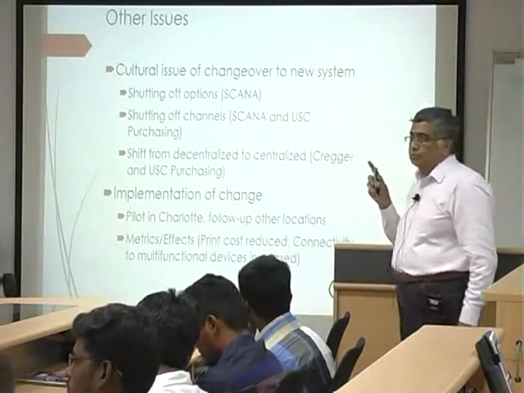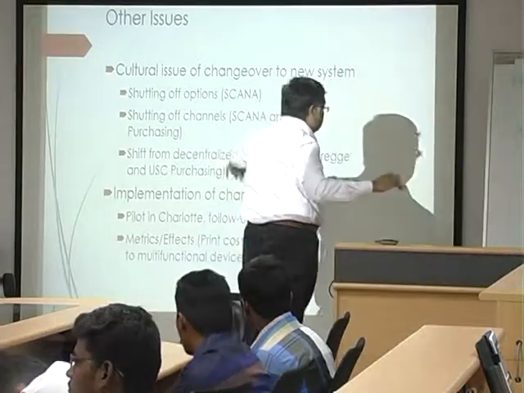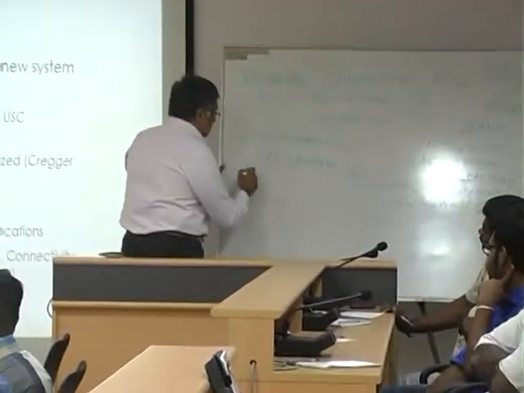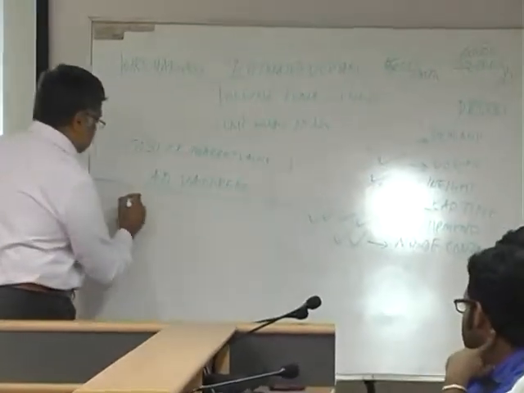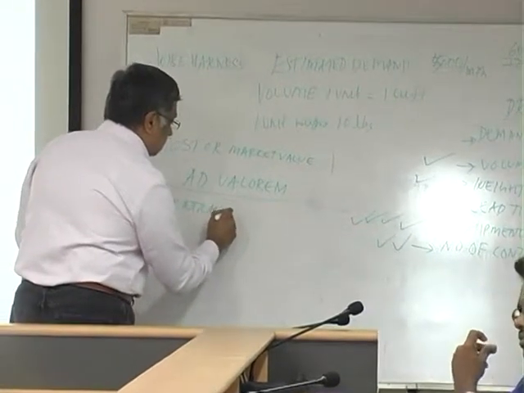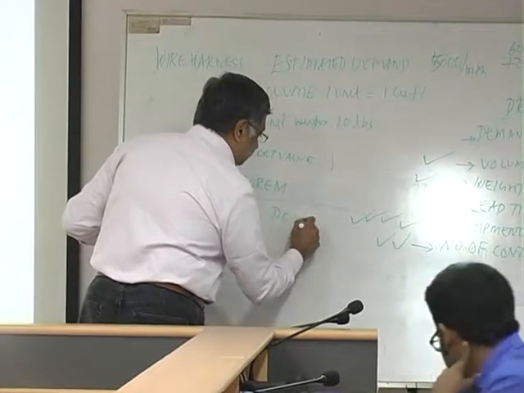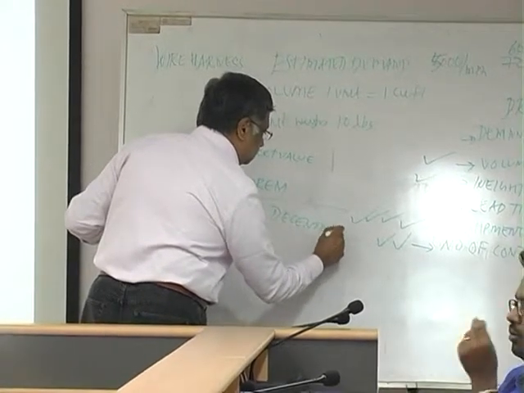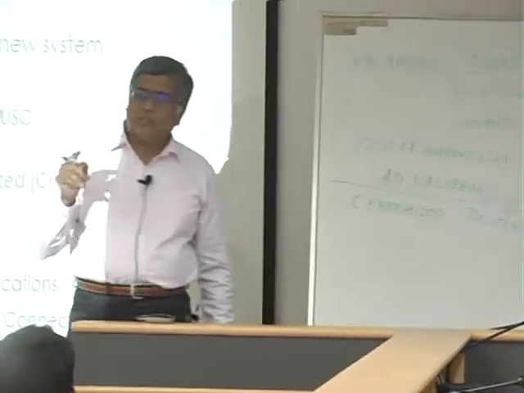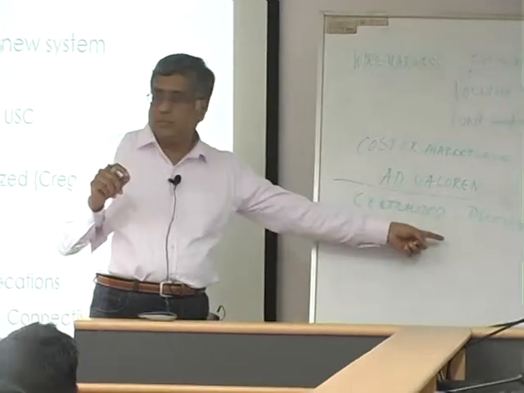Shutting off channels was very difficult as well. By the way, a very common thing to these 2 points is about shutting off channels. Most things have 2 options, which is centralized and decentralized. So in our Bank of America case, it was whether you have a centralized network printer or a desktop printer, right?